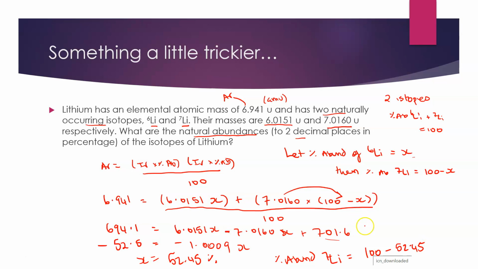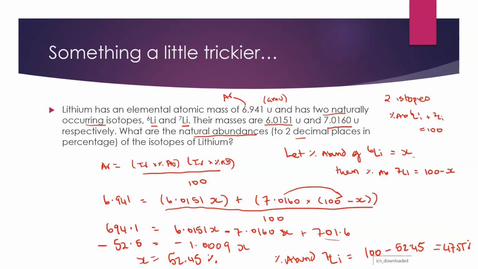So we're going to have 47.55%. Okay, so in this case, we've defined our percentage abundance as X, and then we have defined the other one as 100 minus X.